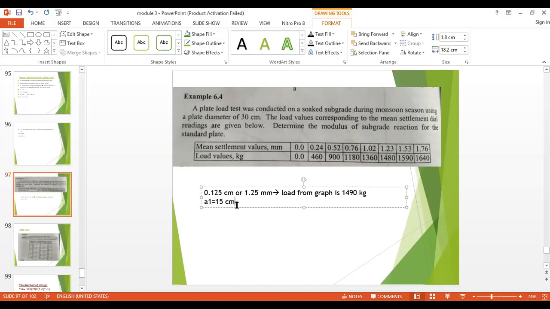A1 is equal to 15 centimeter. Next, you have to find out the pressure, that is small p1. Pressure is equal to load divided by area. This is the formula. The load is 1490 from the graph, divided by area, which is pi into a square, isn't it?